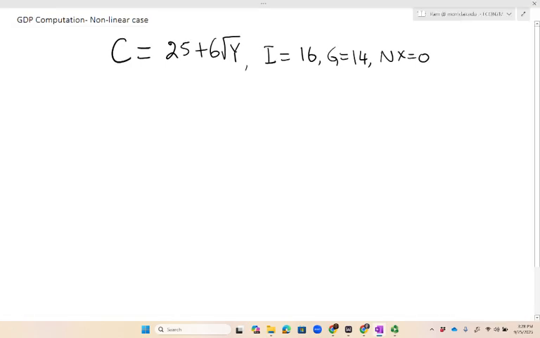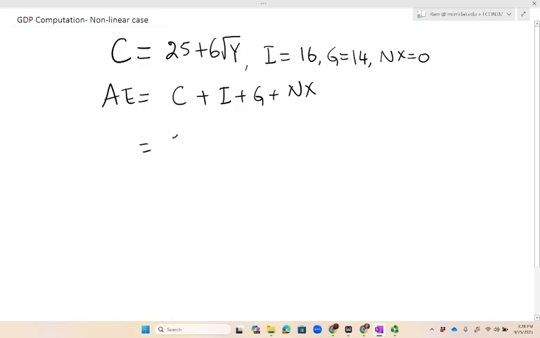So given this specification, I can first determine the aggregate expenditure C plus I plus G plus NX.